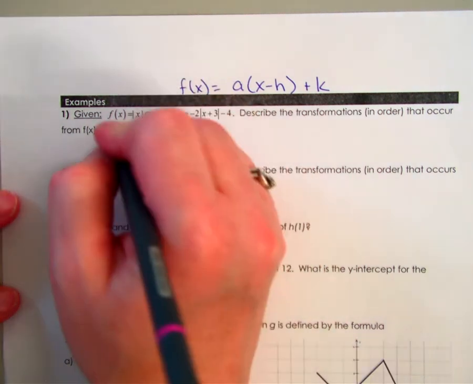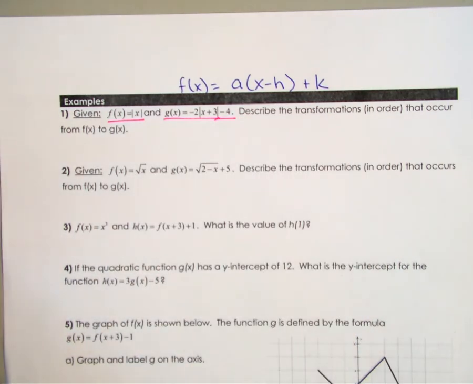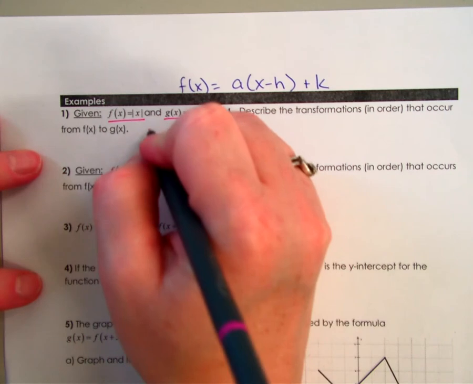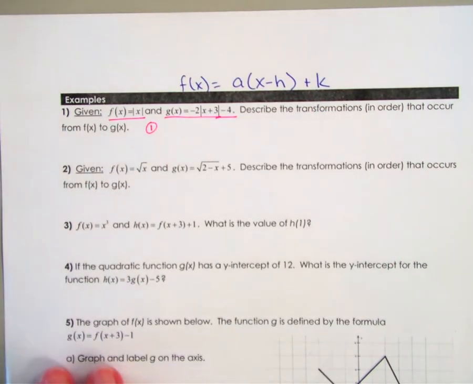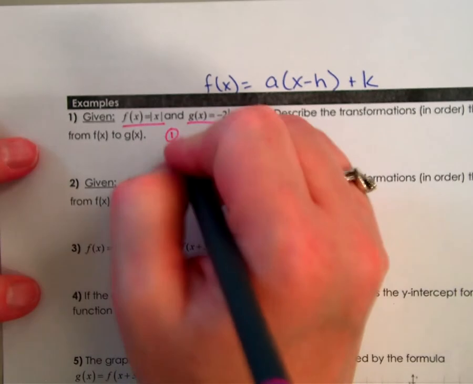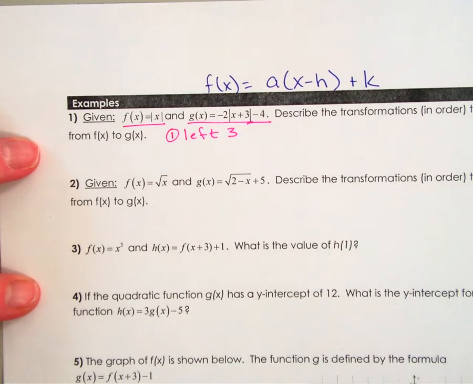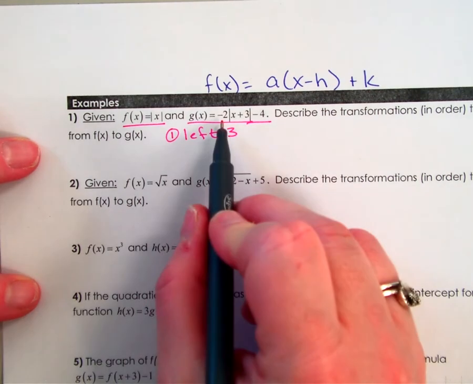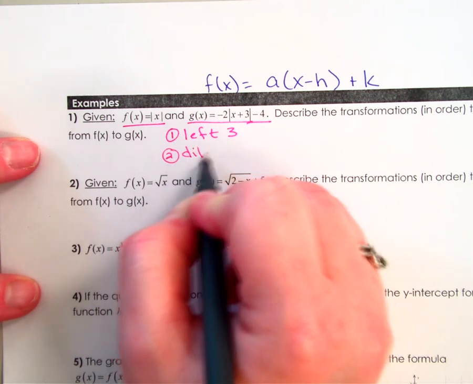So here, f of x equals the absolute value of x, and g of x equals all that. Describe the transformations in order. The first thing is that +3 in the absolute value bars with my x. So that's going to be a shift of left 3. And then I have this -2 right here, but again, that -2 means two things are happening.